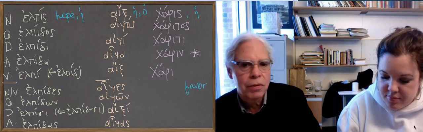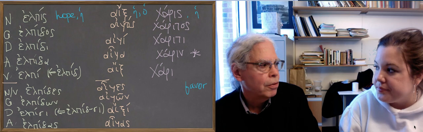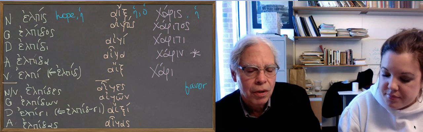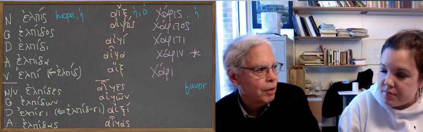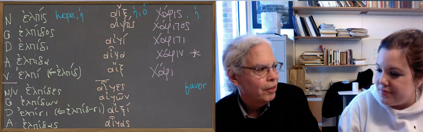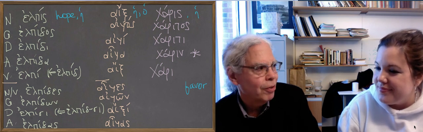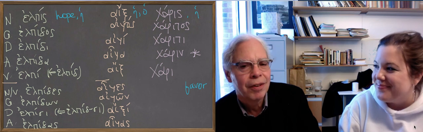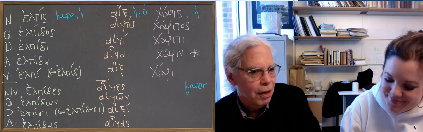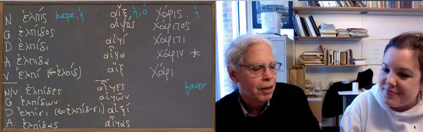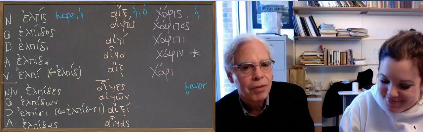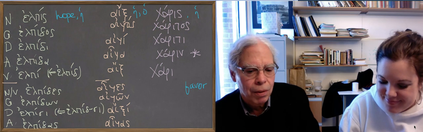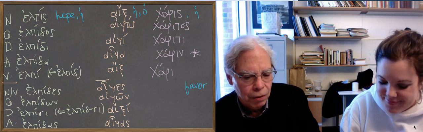And in this society, things are reciprocal, as you remember when we talked about guests and hosts and strangers. A favor is something that you give to somebody as though you're doing it generously, but you know you're going to get one back, right? It's the overt expression of reciprocal behavior. I'll do you a favor means you're going to owe me one later on. So this is a term in the reciprocal vocabulary.